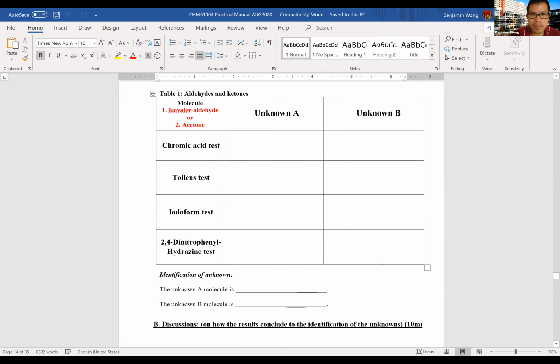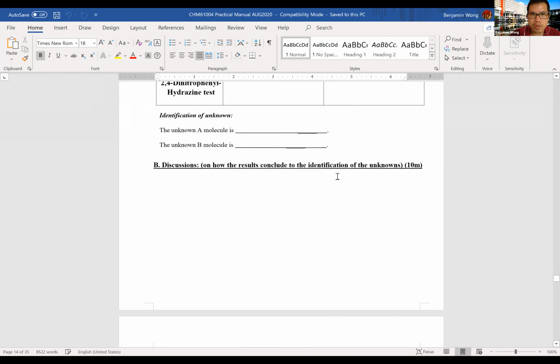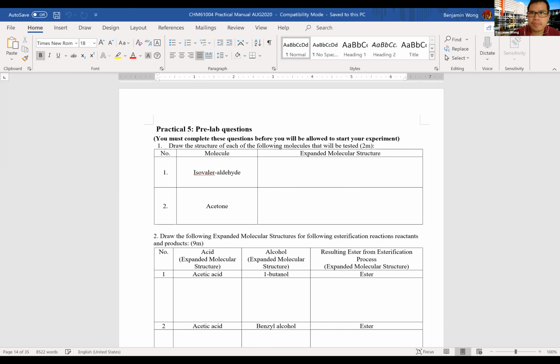This one is given already. Then you have 10 marks over here. You should know what A and B are. Then from there you do the discussion, and the discussion is 10 marks, and so forth.